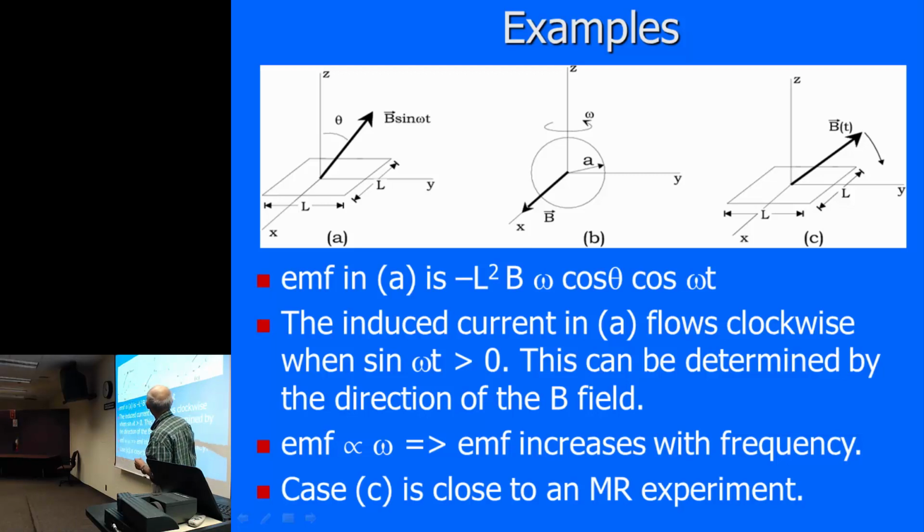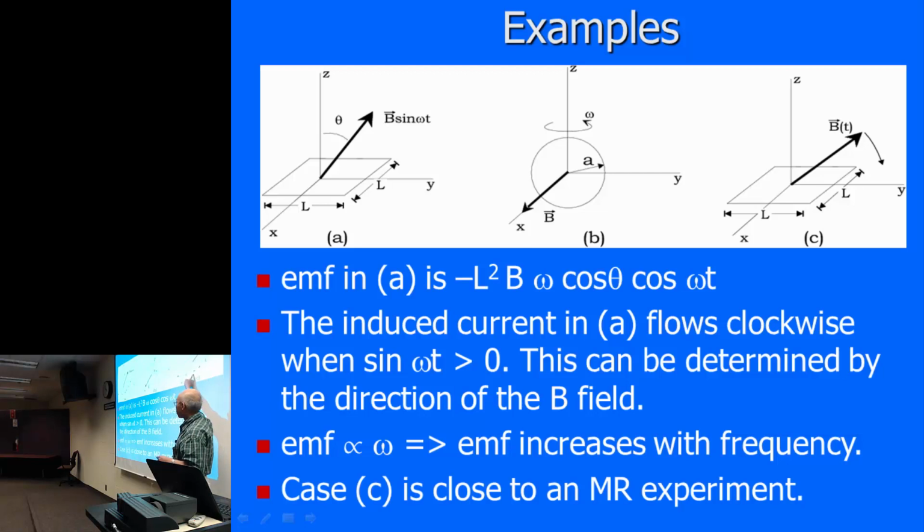So what we need is a field like this, meaning that the B1 field is also rotating, and then it becomes a quadrature coil, a quadrature feature of the RF coil.